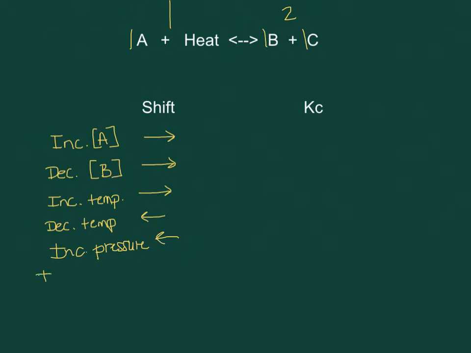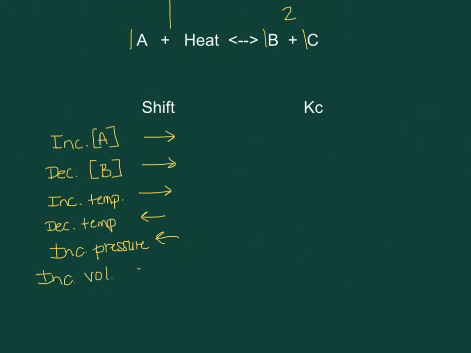If I increase my volume, increasing my volume is actually going to decrease my pressure, because now my molecules have more space, so they're going to collide less. So when I have an increase in volume, which causes a decrease in pressure and fewer collisions, the system is going to want to move in the direction that creates more collisions.